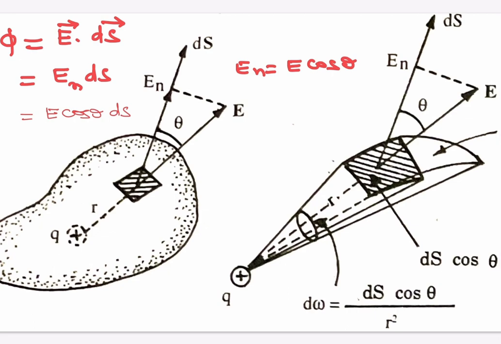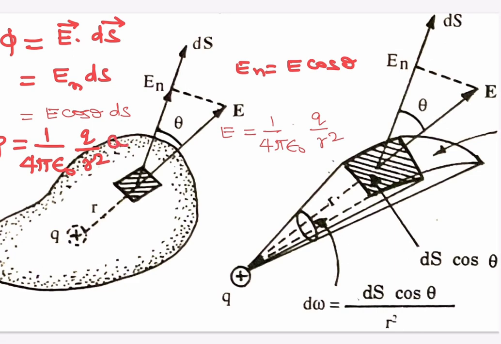Now, since electric field due to point charge Q at any distance r can be given by E is equal to 1 by 4 pi epsilon naught Q by r square, this electric flux phi can be written as 1 by 4 pi epsilon naught Q by r square cos theta ds.